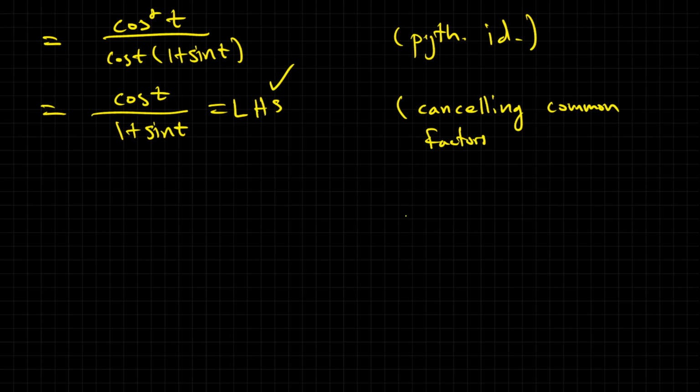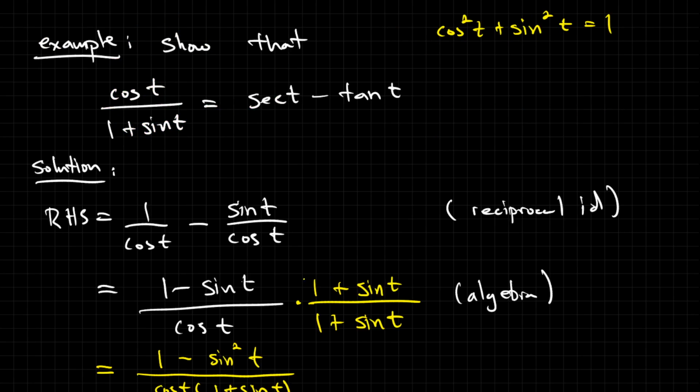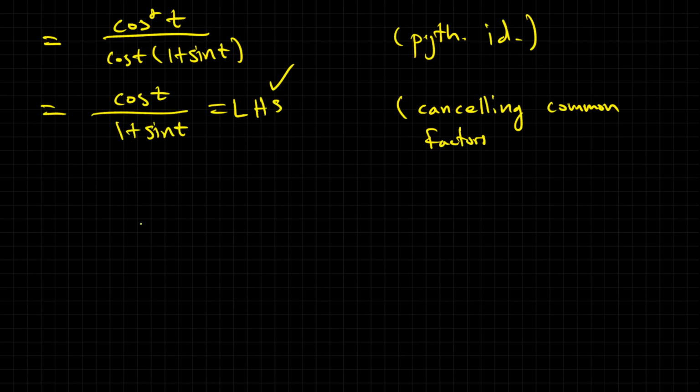So let's go ahead and talk about that step that we used, this little trick of multiplying by 1 plus sine t over 1 plus sine t. So you can do this when you have something that looks like 1 minus cosine t, 1 plus cosine t, 1 minus sine t, and 1 plus sine t, either in the numerator or denominator.